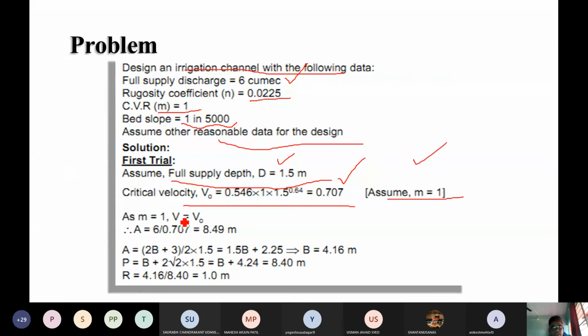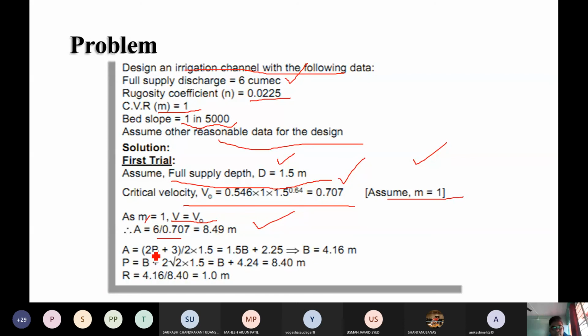Now m value you have to assume as 1. Therefore you know this ratio, actual velocity to the critical velocity, is equal to m. Henceforth the actual velocity is equal to the critical velocity, that means V is equal to V0. Therefore area is nothing but the discharge by velocity, which is now 8.49 meter square.